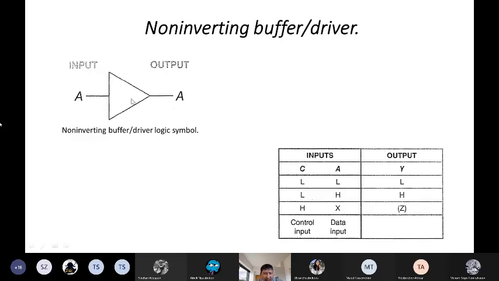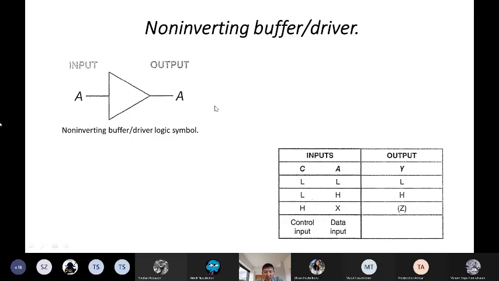Okay, a symbol similar to the inverter is what we call a buffer or driver. Actually, it is not a logic gate because it does not perform any function, but we will use it in Multisim. It is not necessary to use it in Multisim because Multisim is a simulation. But when we assemble some real circuit, we need to use a buffer driver because integrated circuits are limited in current.